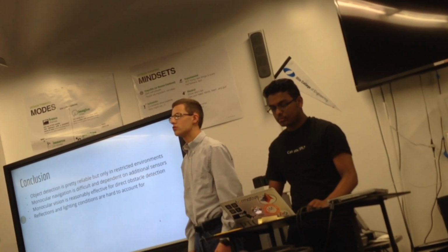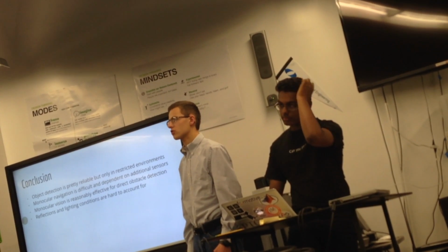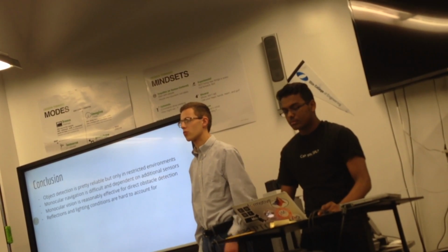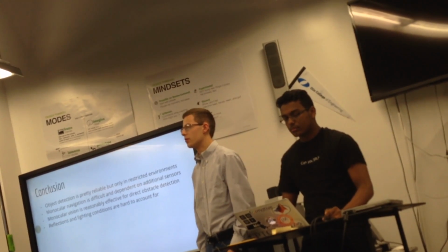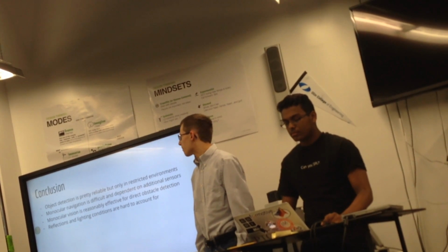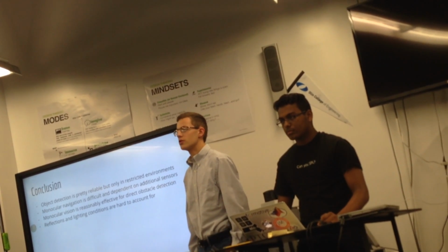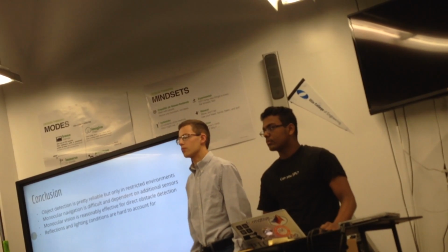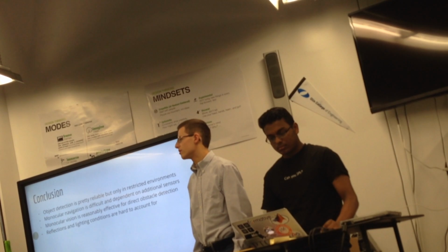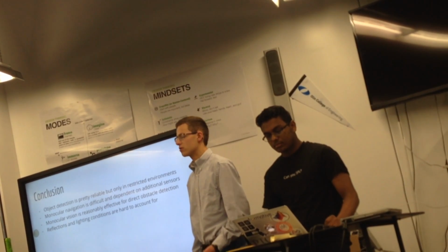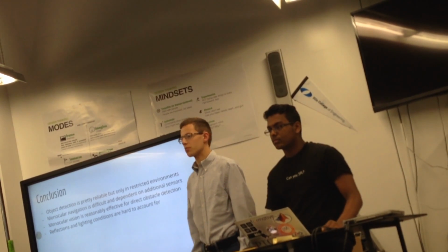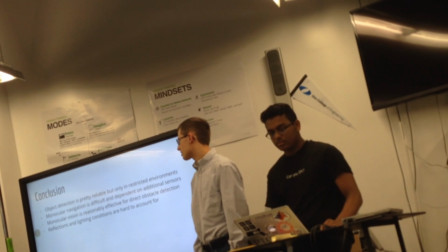So, in conclusion, object detection for an object of known geometry is pretty reliable, but of course is only applicable in limited circumstances. Monocular navigation, because of the difficulties of creating an accurate 3D map, is very difficult, and it's dependent on additional sensors, such as in our case the bottom camera, to give us an actual ground velocity.